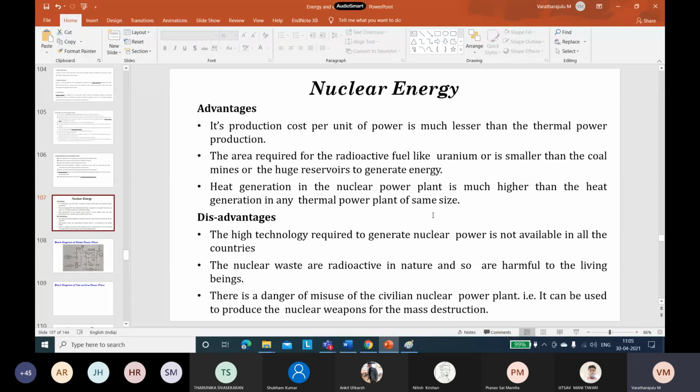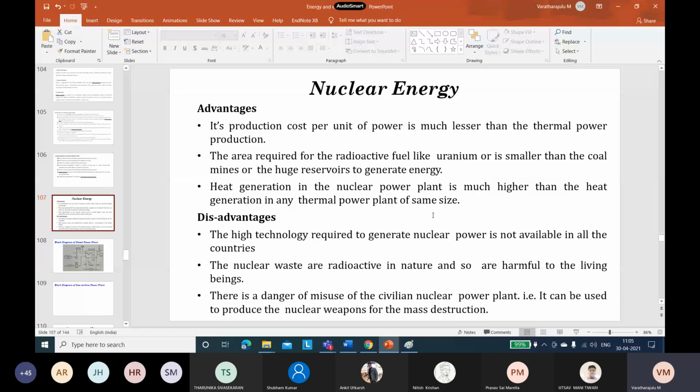The number of workmen required at a nuclear plant is far less than at a thermal power plant. On location, a nuclear power plant can easily be located where coal resources or dams are not available. Even in that place we can erect the nuclear power plant. And there is increased reliability of operation of a nuclear power plant.